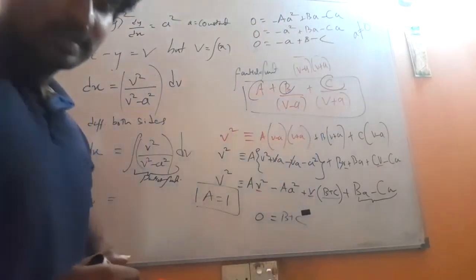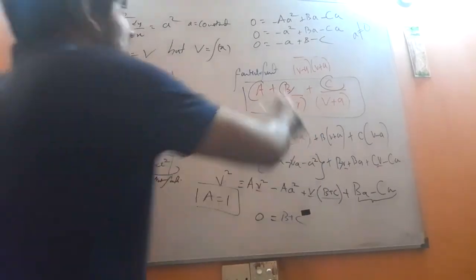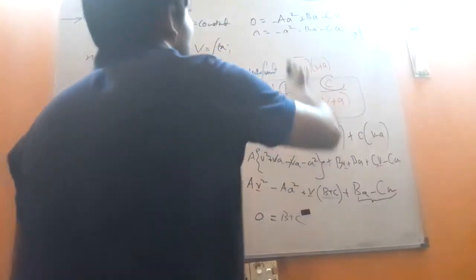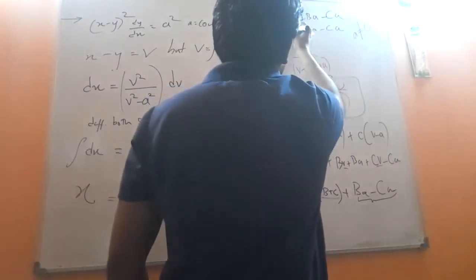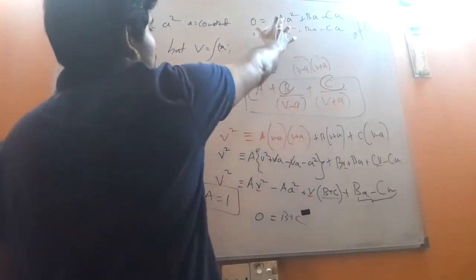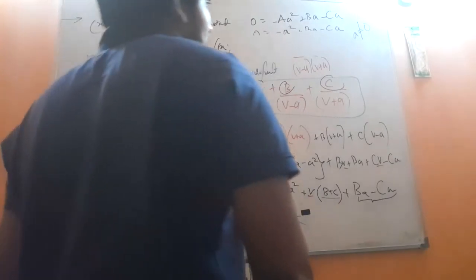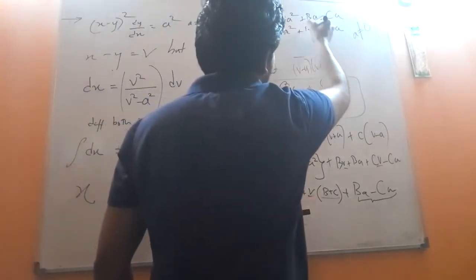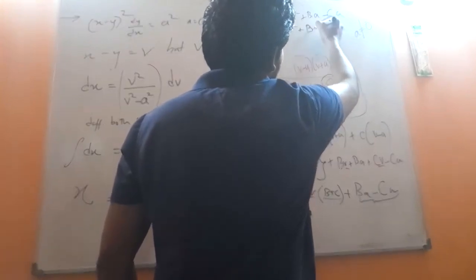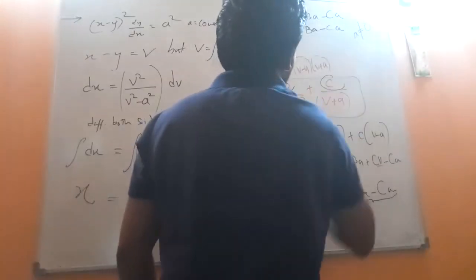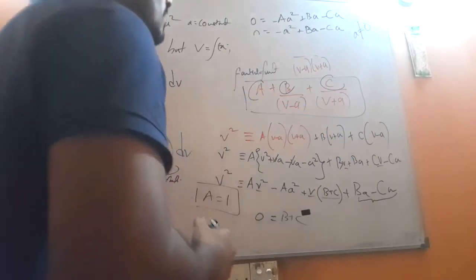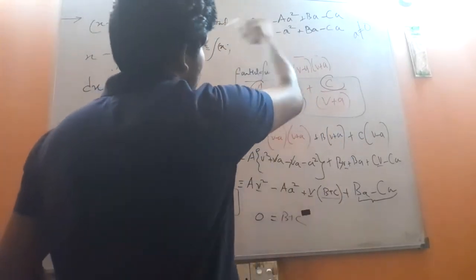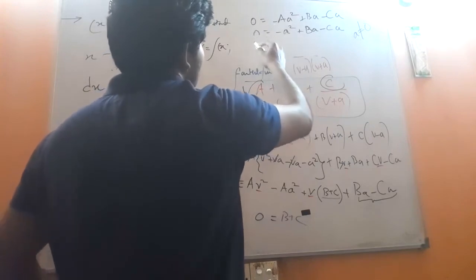If you didn't get that part, I will do it again. This part you know, minus A squared, because capital A equals 1. So minus A squared plus BA minus CA. So now let's say you are going to put this A squared to the left hand side.